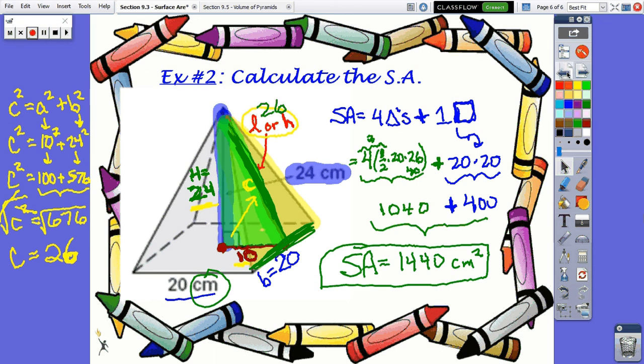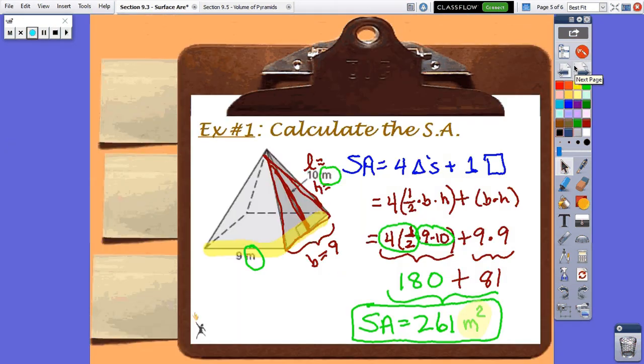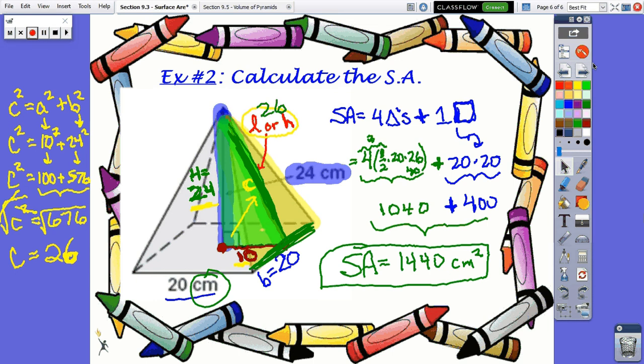You're going to be hoping I give you problems like example 1, where I give you the slant height, and then you can plug and chug and figure out the total surface area. But every once in a while, I will throw one of these examples like example 2 out, just so that you can practice persevering through a problem that isn't easy, but at the same time is not overly challenging. All right? So good luck, guys, with your work tomorrow.